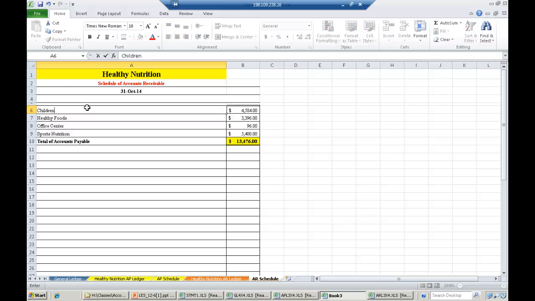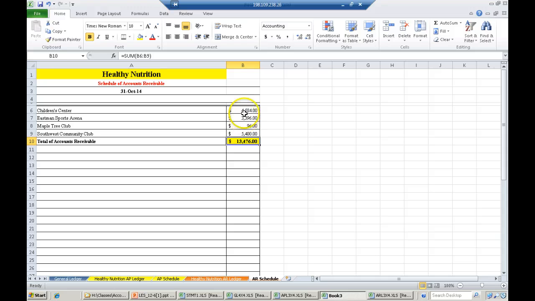Children's Center. You can pause this at any time. Again, we're going to need to change this. These are our accounts receivable accounts.